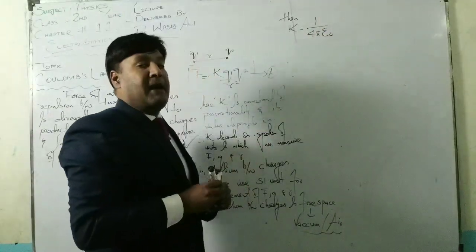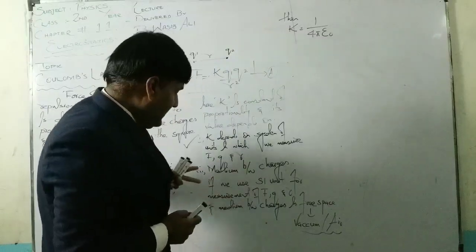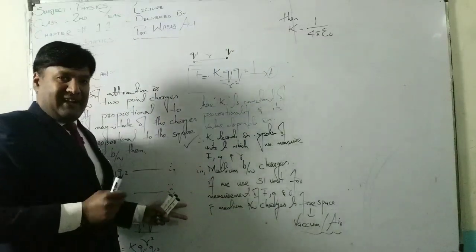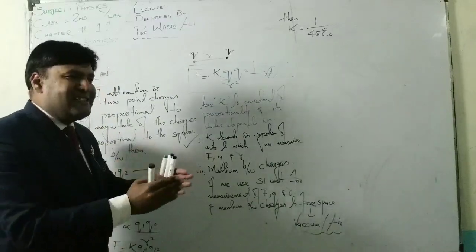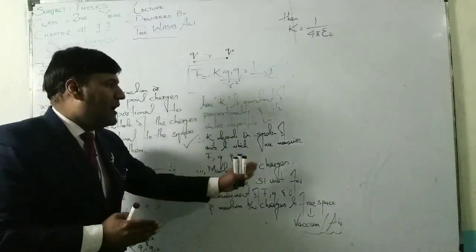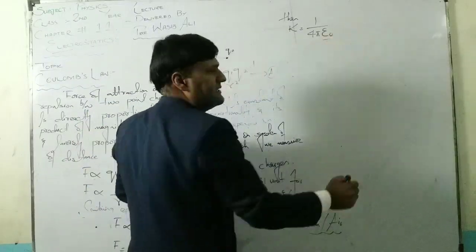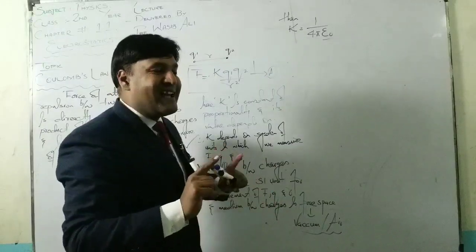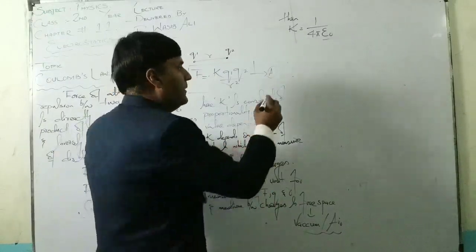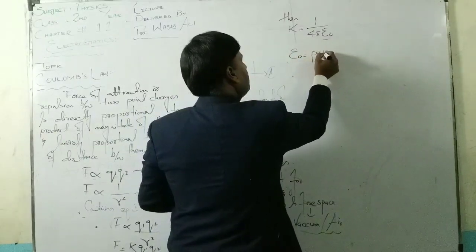Keep this fact in mind, that this value of k holds when these two conditions apply: the medium between the charges is free space and we use the SI system for the measurement of F, Q and R. Here is a very important thing, that is epsilon naught. It's a Greek letter, epsilon. You will not read it as E, it is epsilon.